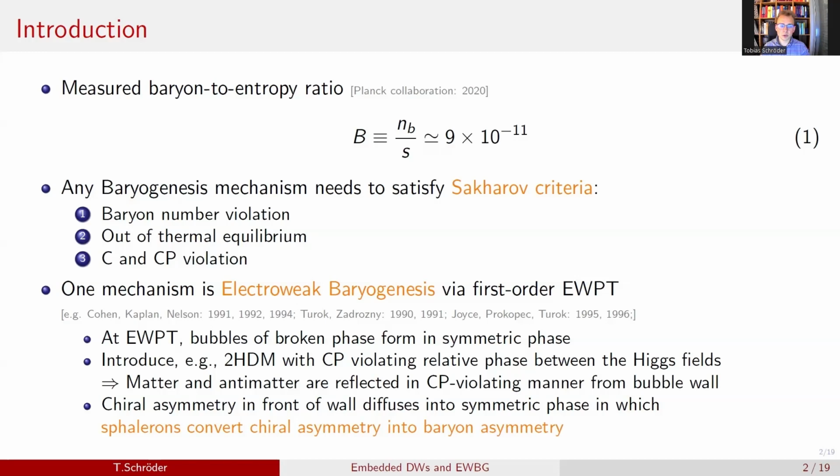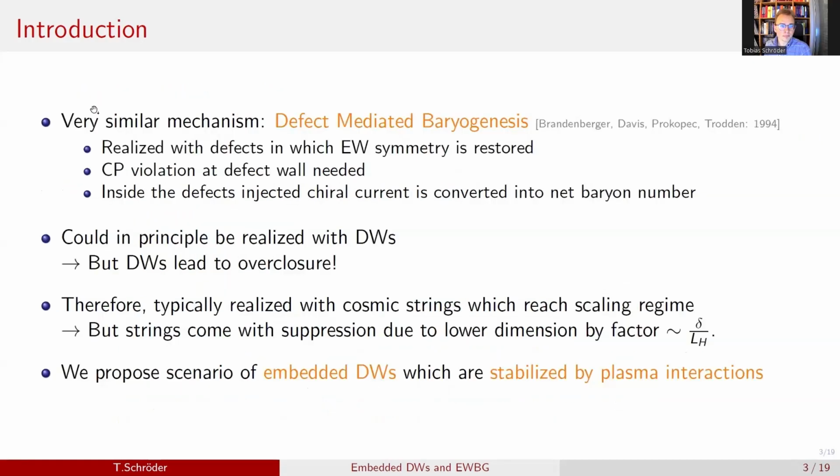This leads to the development of a chiral asymmetry in front of the bubble wall, which can then diffuse into the symmetric phase. Since in this unbroken phase, Weak-sphaleron processes are unsuppressed, they can convert the chiral asymmetry into a baryon asymmetry.